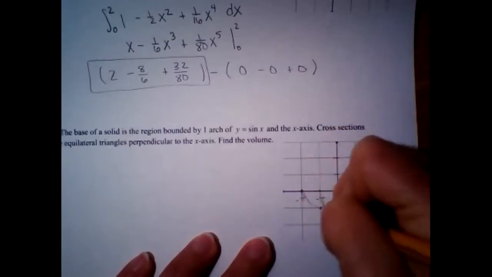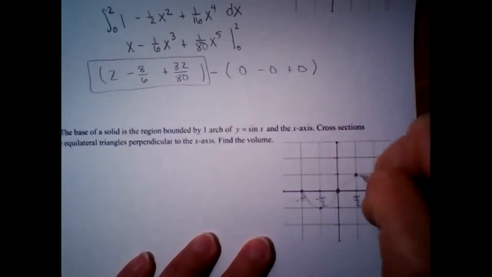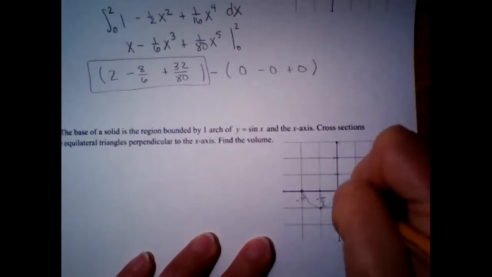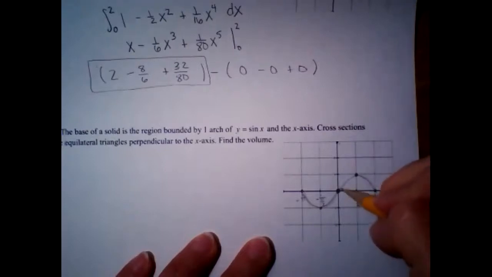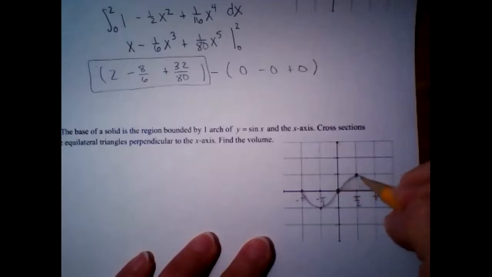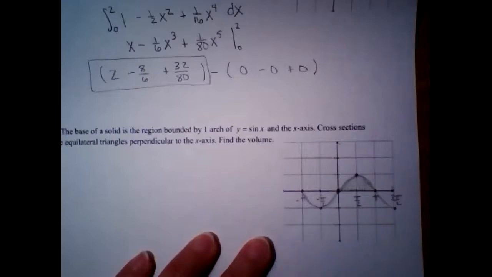It's going to do something like this. It says we're going to use one arch of this, so pick the positive part. We're going to use this one right here, and the x-axis. So this is the base of the three-dimensional solid that we're creating.